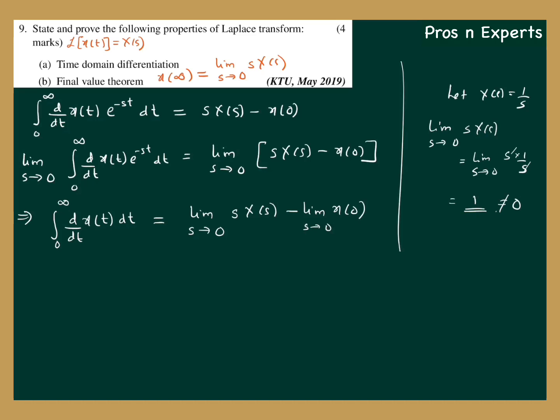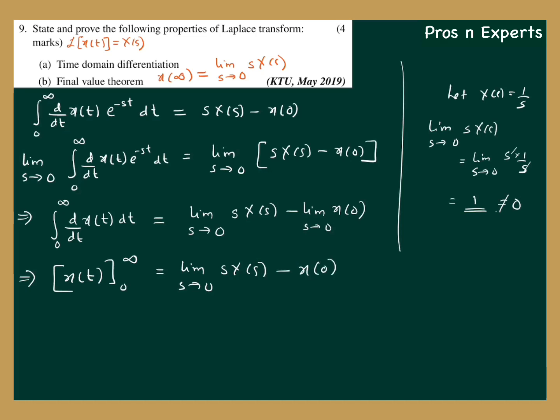Now, what is the LHS? LHS is the integral of the derivative of x of t dt. That becomes x of t itself. It is the integral of the derivative of x of t, that becomes the signal itself, but within the limits 0 to infinity. That is equal to limit s tends to 0 of s into X of s, minus limit s tends to 0 of x of 0, which is x of 0 itself.